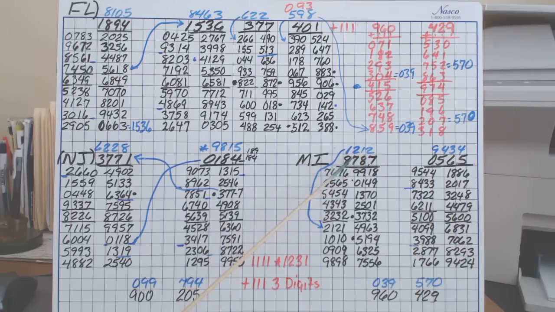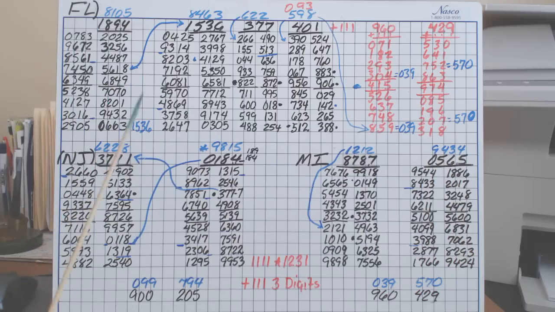Now, Michigan, the 8787 is part of this family. You have your 288, which we did indicate in several numbers that I keep up with. We have 287, which were part of Tennessee 732, the 878, the 377.